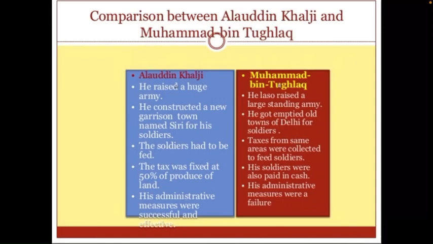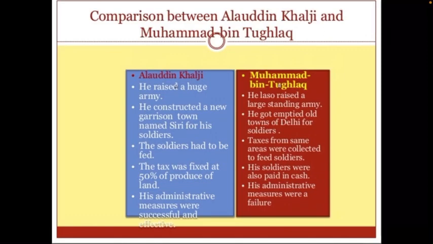The soldiers had to be fed. They had to be given food. The tax was fixed at 50% of the produce of the land. Whatever the farmers were producing, they had to give 50% of it. His administrative measures were successful and effective. They had a great effect on society.